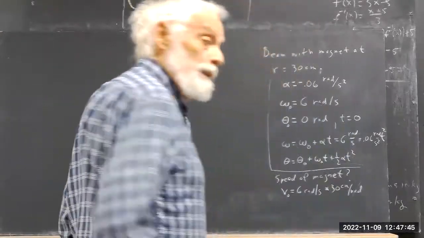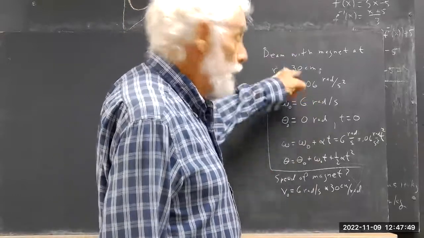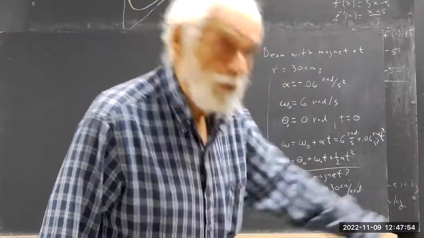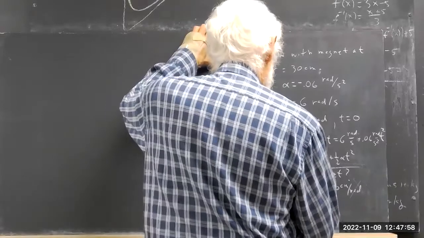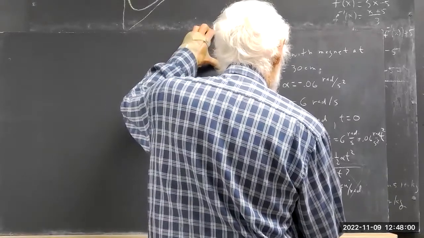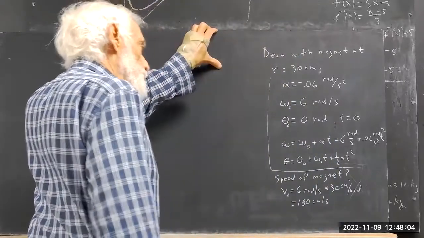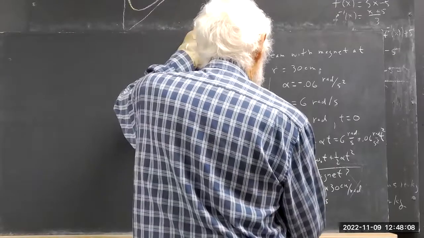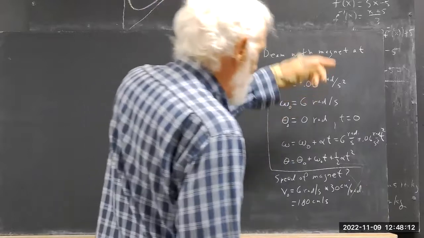That's a formal calculation, but you shouldn't be able to just look at this and say, okay, a radian is 30 centimeters along the arc. Okay, that's 180 centimeters per second. And of course, theta naught is 0 and alpha is this.